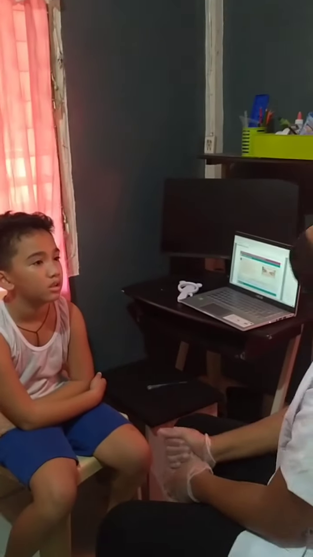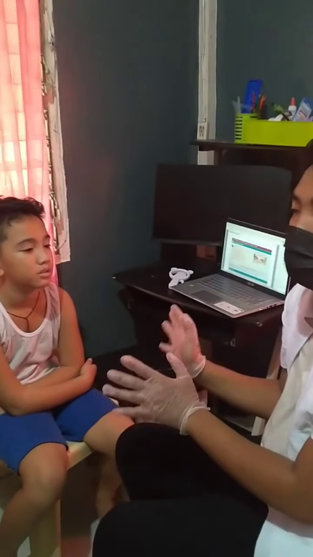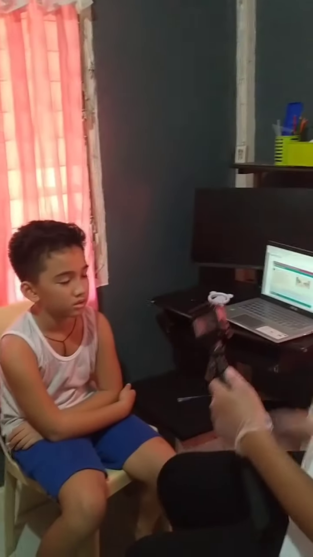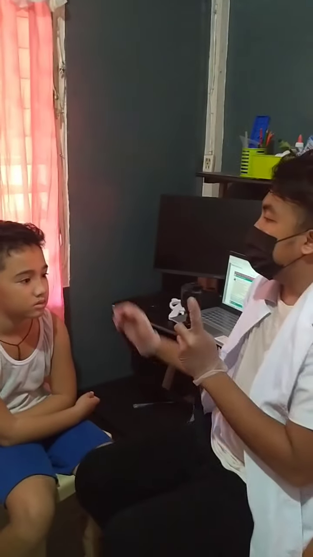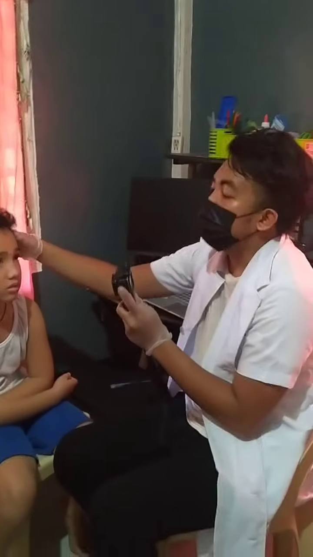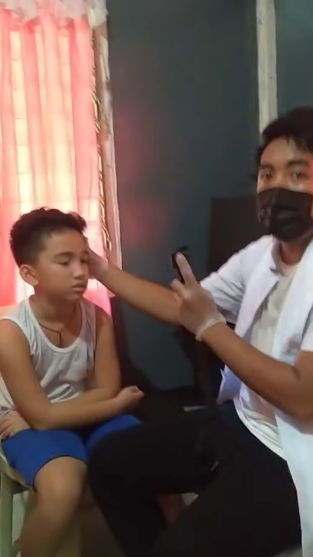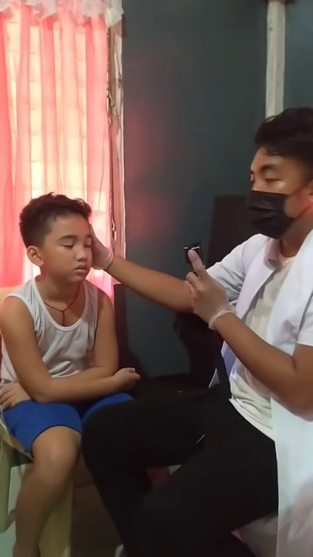Then the next thing we'll do is the ophthalmoscope examination. In this case, we'll stand 15 degrees from the patient. Then put our free hand on the patient's head to maintain the distance.